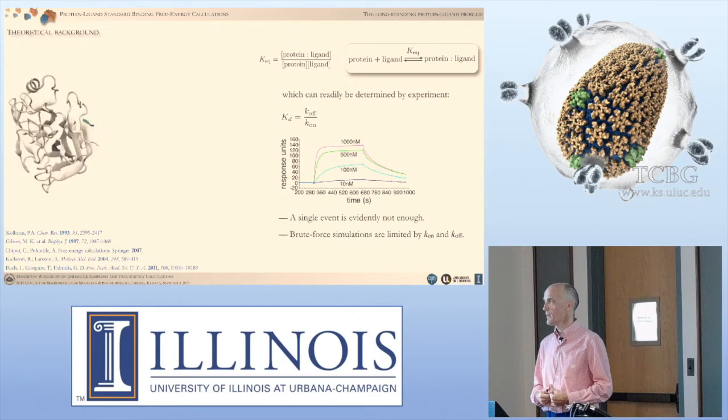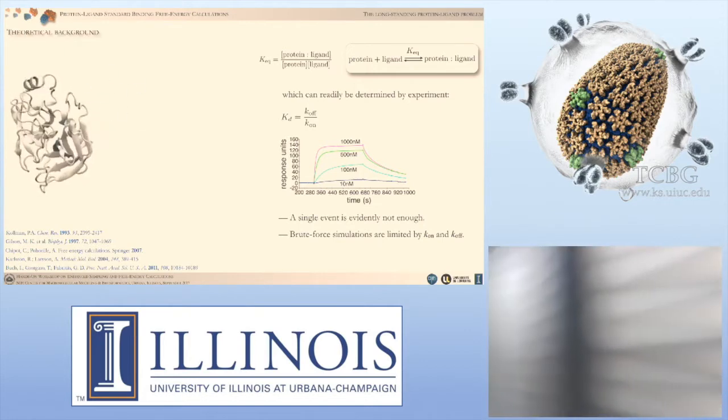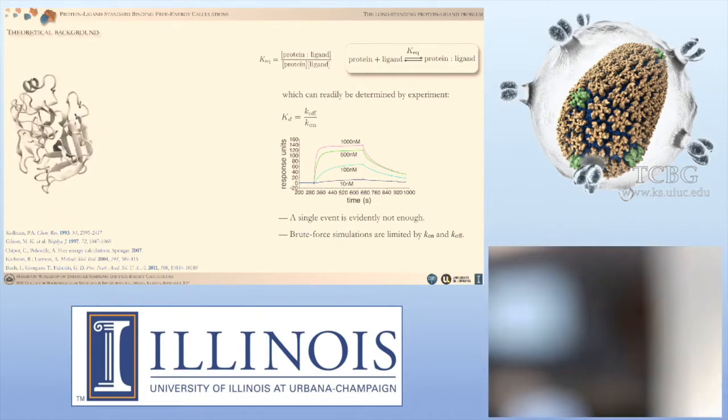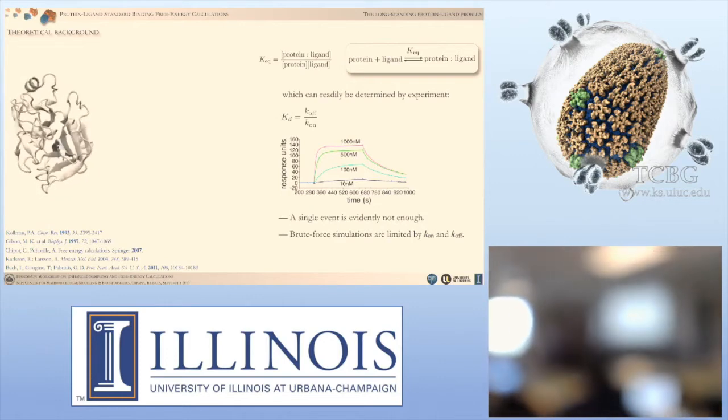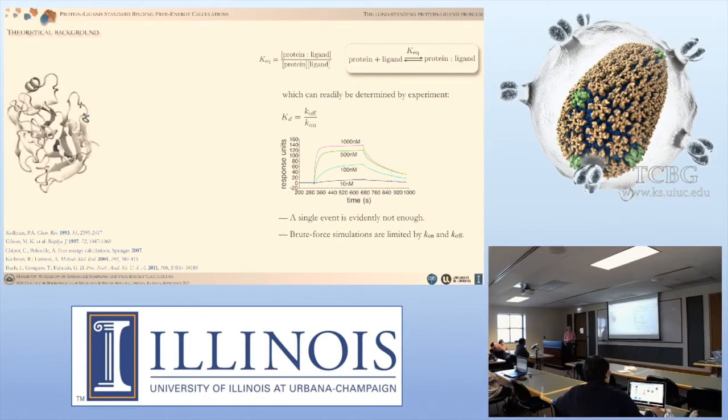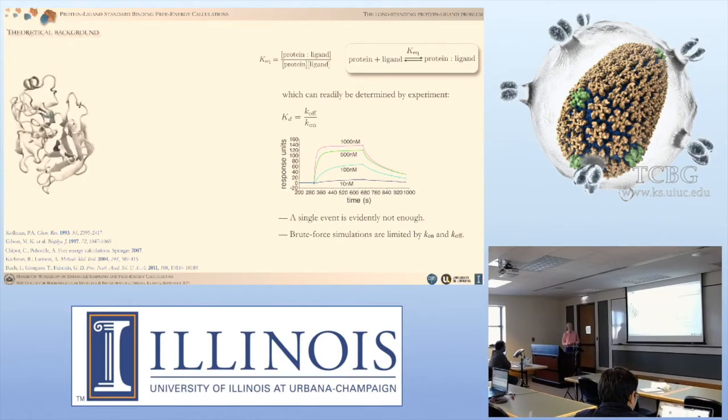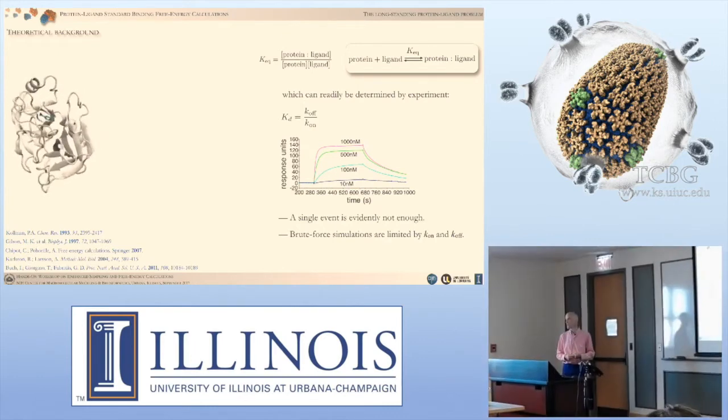group of Gianni De Fabritiis in Barcelona. As you can see here, the binder is a small rigid molecule. So what he did was to run brute force MD distributed on many computers, many nodes, and repeat the simulation with different starting conditions.